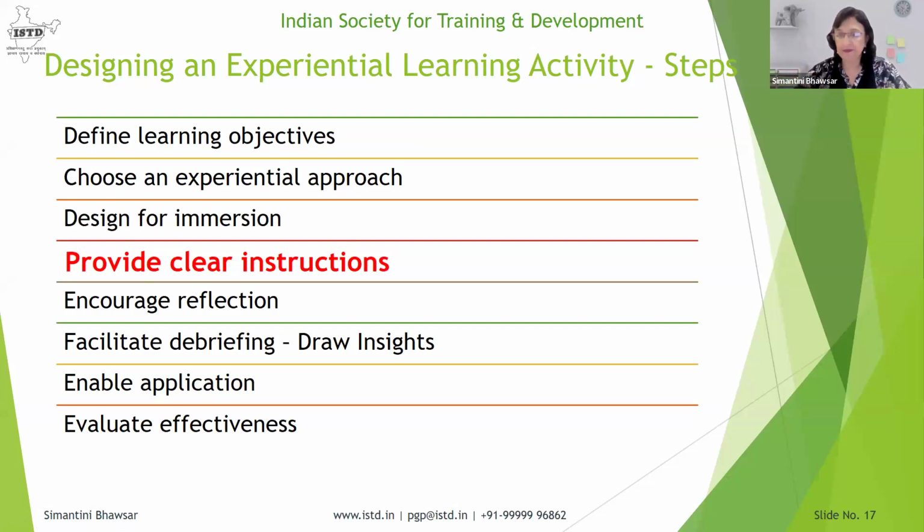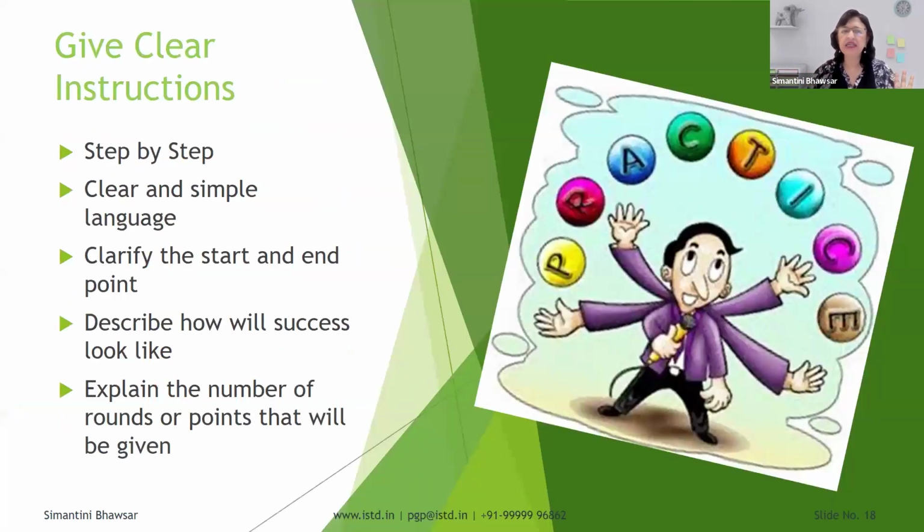It is only when Yashoda ma'am spoke that I realized, yes, controlled and uncontrolled, but they are in pairs. So there should be absolutely no confusion in anybody's mind when you are providing instructions. It should be very lucid, clear, step by step.